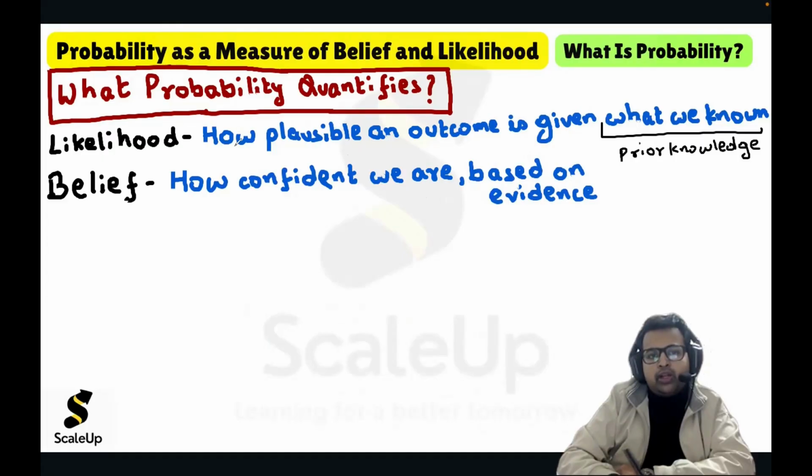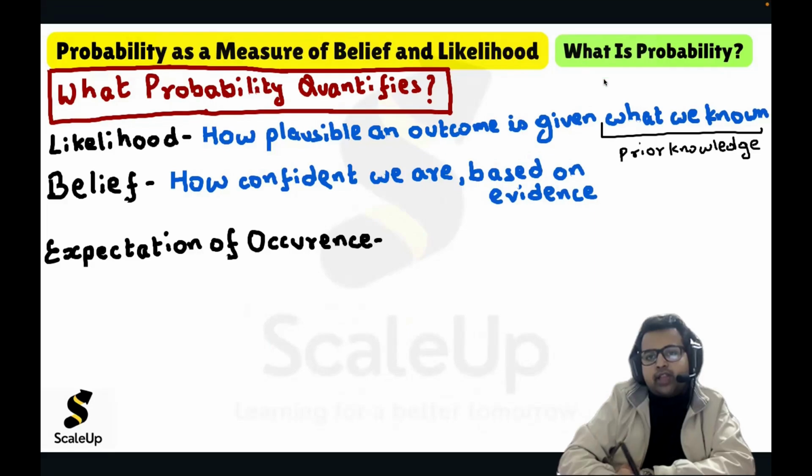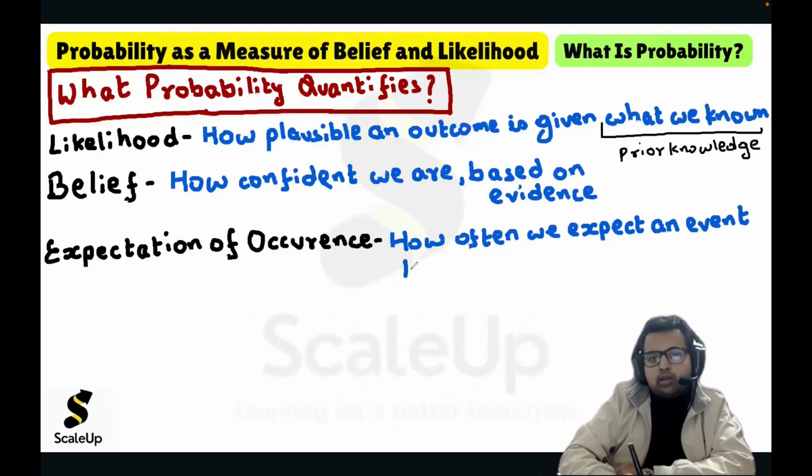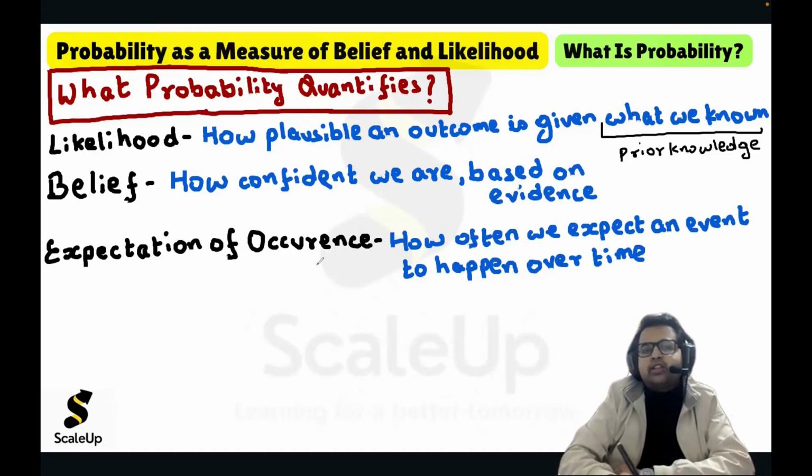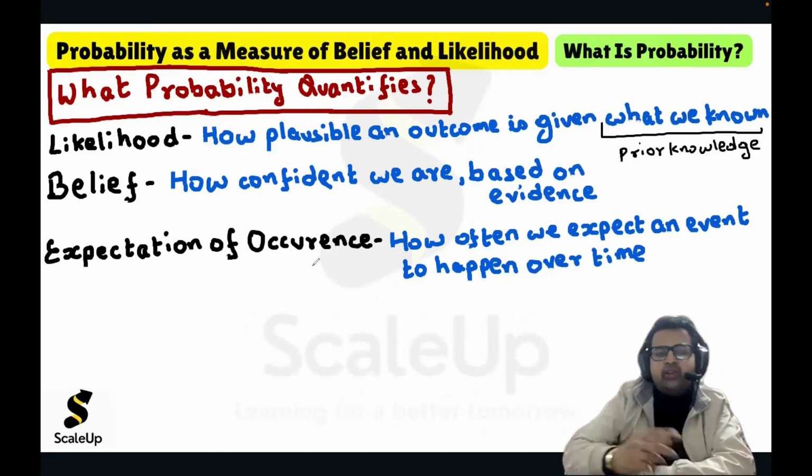So with probability, we can quantify likelihood, we can quantify belief, and we can even quantify expectations of occurrences. And what is this expectation of an occurrence? It is how often we expect an event to happen over time. So here, expectation of occurrence is more like frequency.